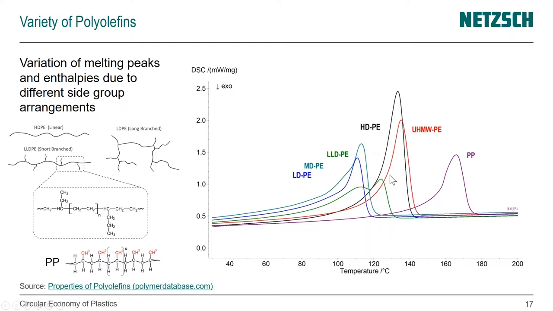I also put PP in here. You see that we have a distinct difference, definitely in the melting peak, but we also have overlaps, and that's important for the topic today. That is really related to the structure. These are just some samples, but as I said, it's really only CH that's in the material, so the melting temperatures are important for identification.